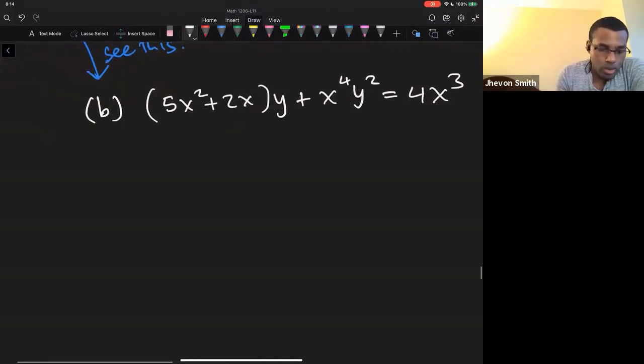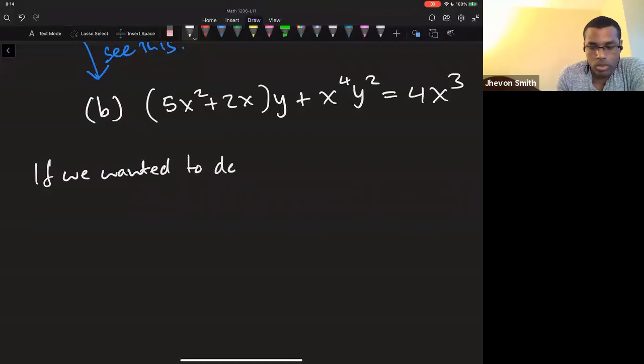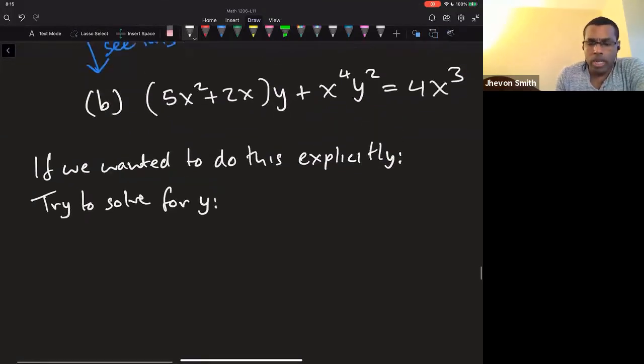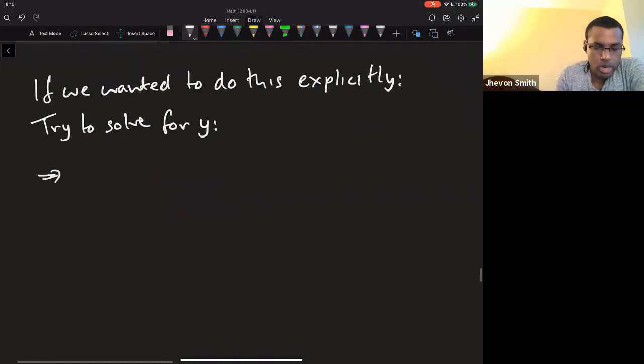So if we wanted to do this explicitly, you would try to solve for y. What would that look like? So notice here what we have.